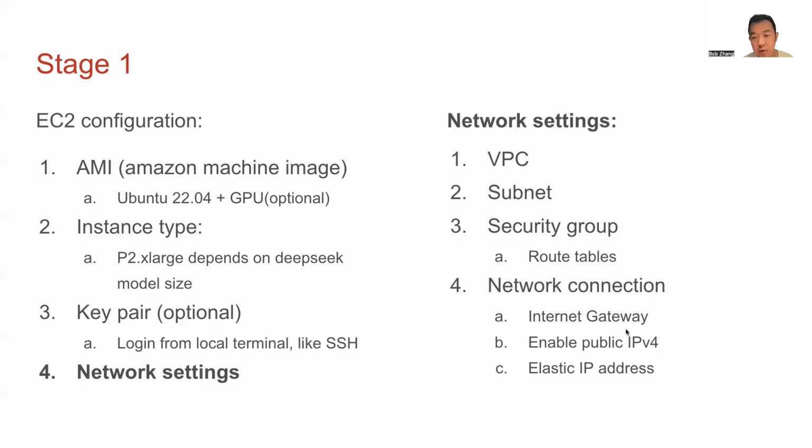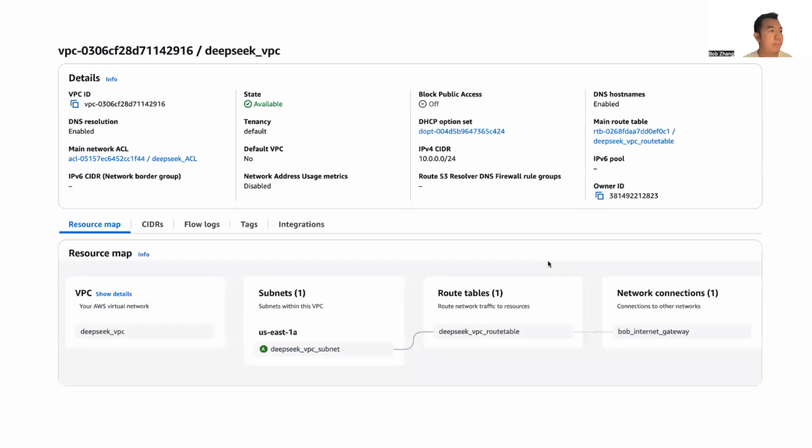Especially the internet gateway, if you don't have that, your EC2 instance will not be able to communicate with the internet and cannot download the model. So make sure you have public IP addresses, or set up elastic IP addresses. Okay, so that's stage one.